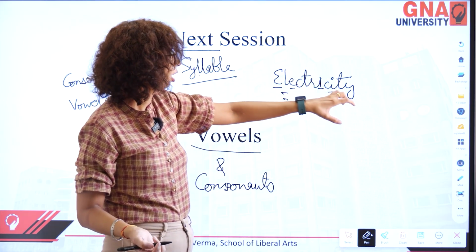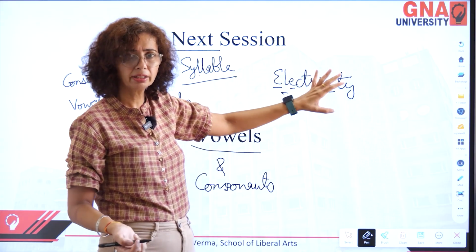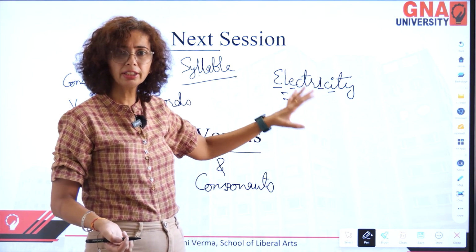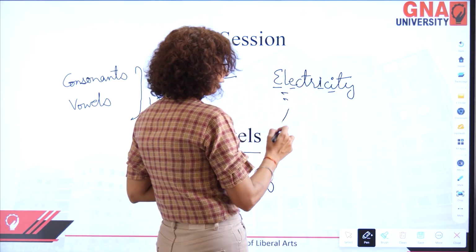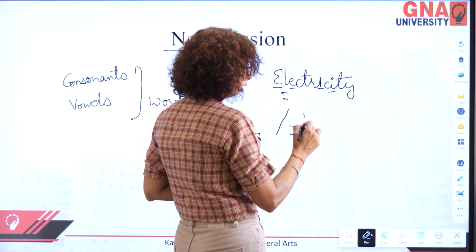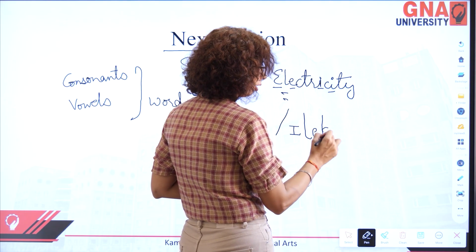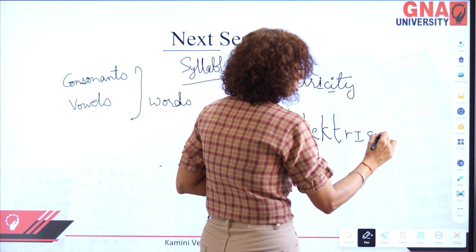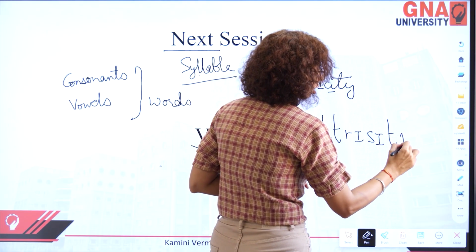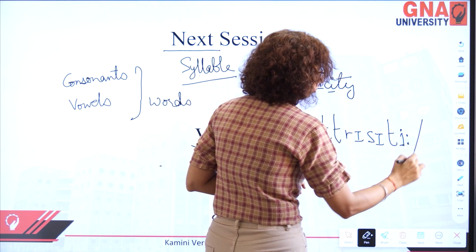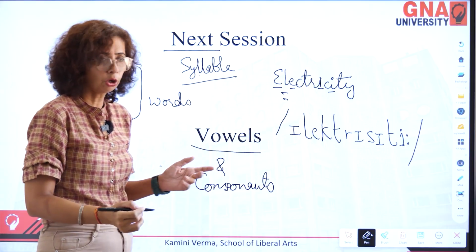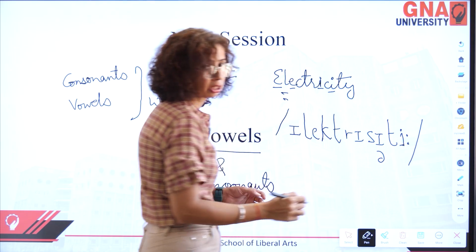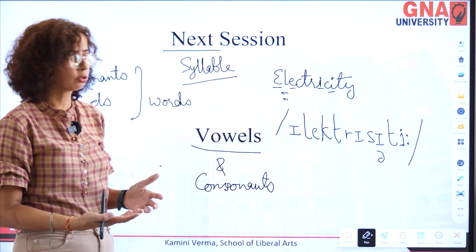And if we want to write it phonetically, we'll be writing it this way: E, lek, tree, city. Or we can also say it another way, depending upon the way you produce this particular sound.